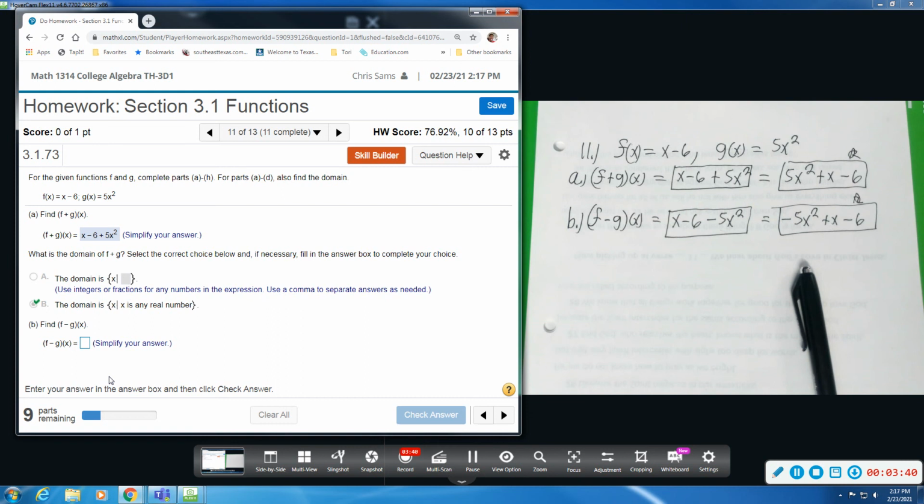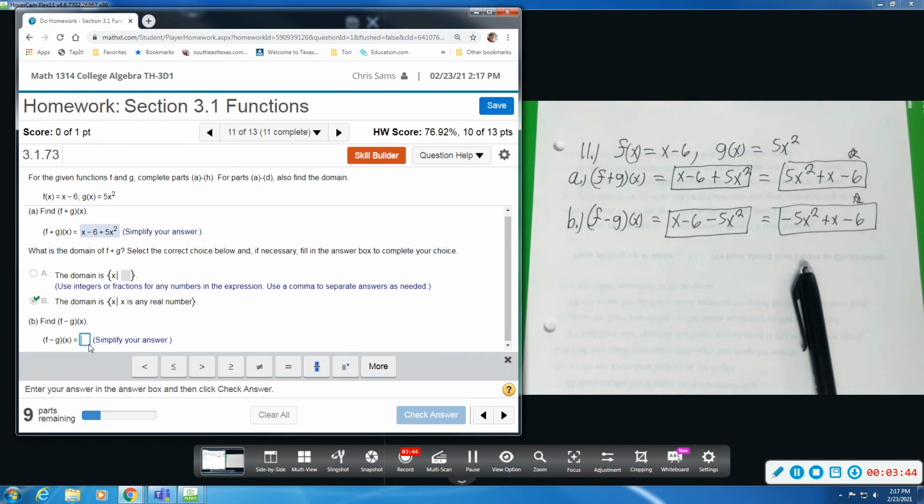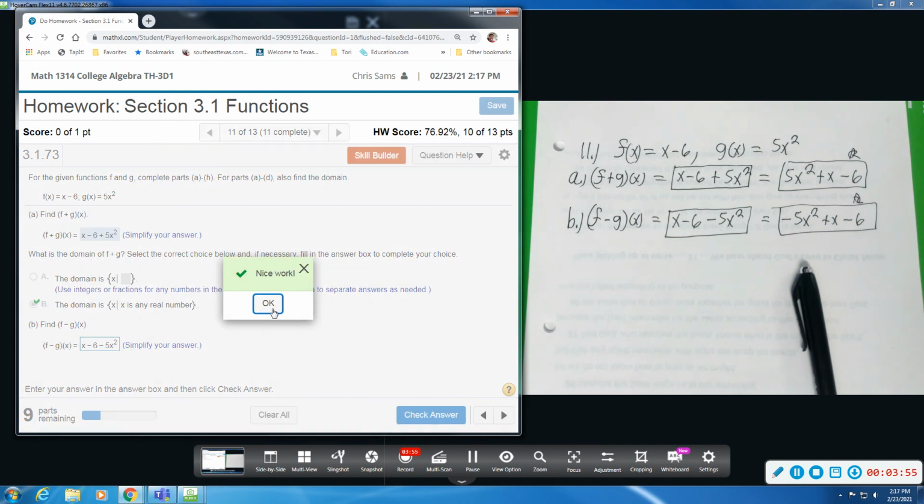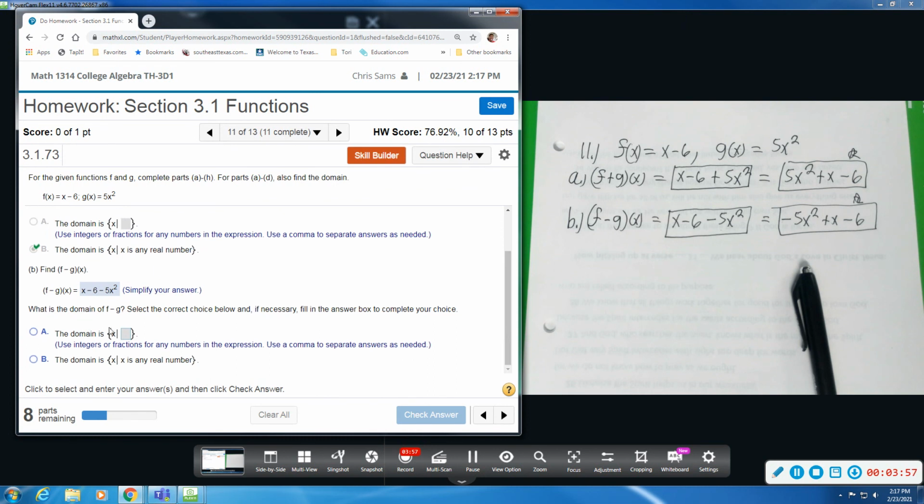I'm going to put it in the order that it is received. And so that's going to give us x minus 6 minus 5x squared. And what is the domain of this function? So again, we do not have any fractions, no square roots, no logarithms, so all real.